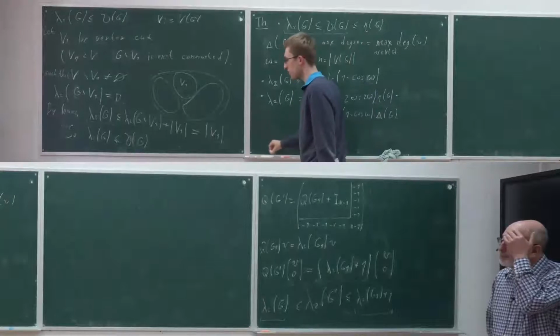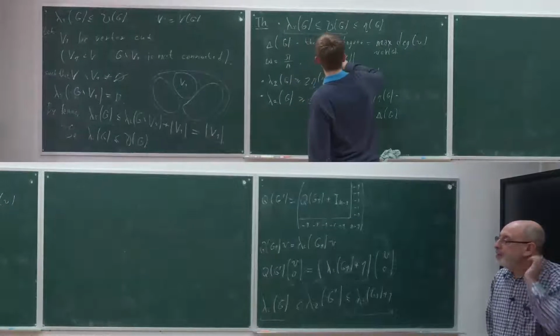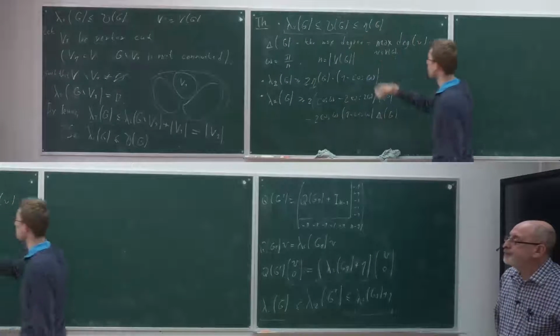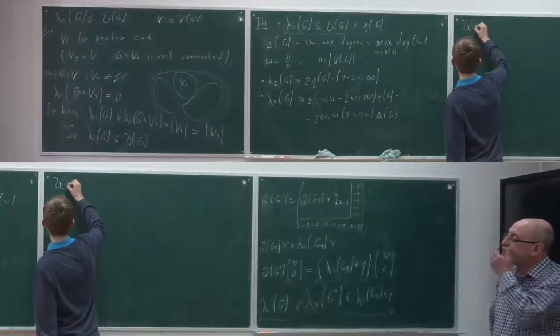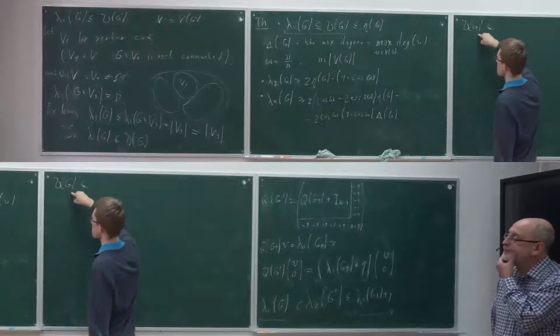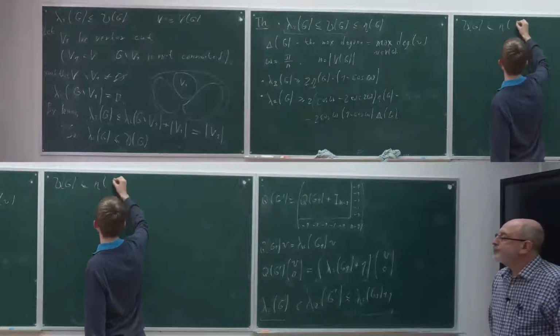So we have proved this. What about the second inequality? Let me also say a couple of words about it. The vertex connectivity is less or equal than the edge connectivity.